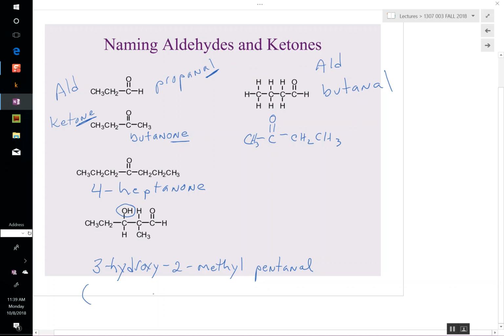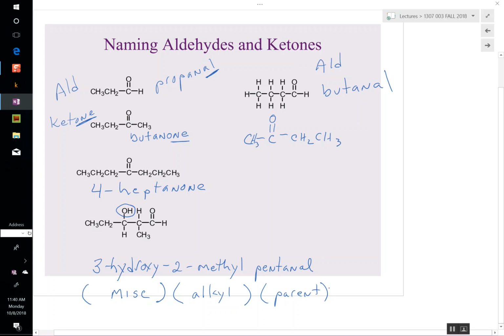And let me just use this to point out again that the way we'll construct the name is in 3 parts. The parent name is the major part at the end. Any alkyl groups, methyls, isopropyls, ethyls, butyls, whatever, will be alphabetized here in the midsection of the name. And then any chloros, bromos, hydroxys, whatever, will go at the front in this miscellaneous.